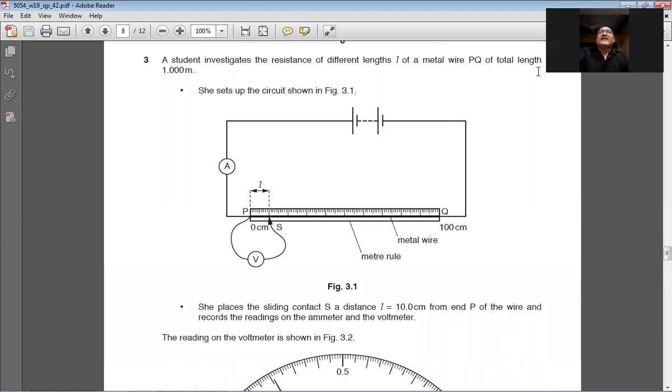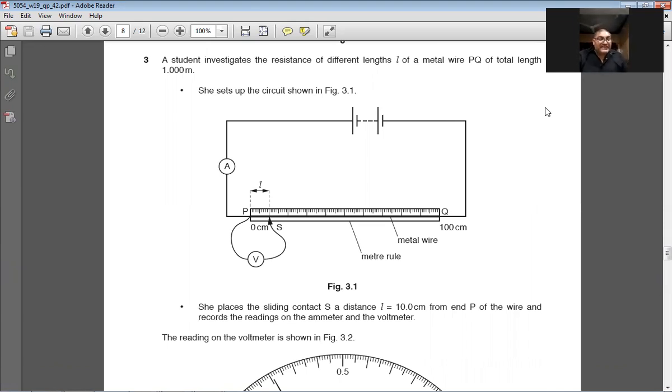The next question coming up on your screen says, a student investigates the resistance of different lengths L of a metal wire PQ of total length 1.000 meter. She sets up the circuit shown in figure 3.1.